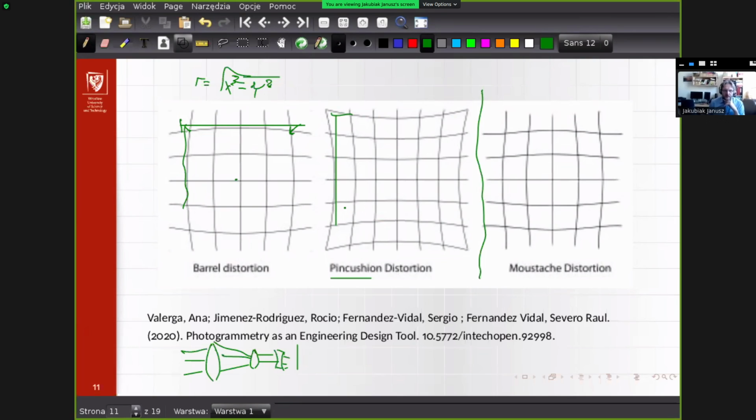So that's more or less how zoom lenses are created. They have just a single point where it's okay, and going shorter or longer focal length, you get either of the distortions.